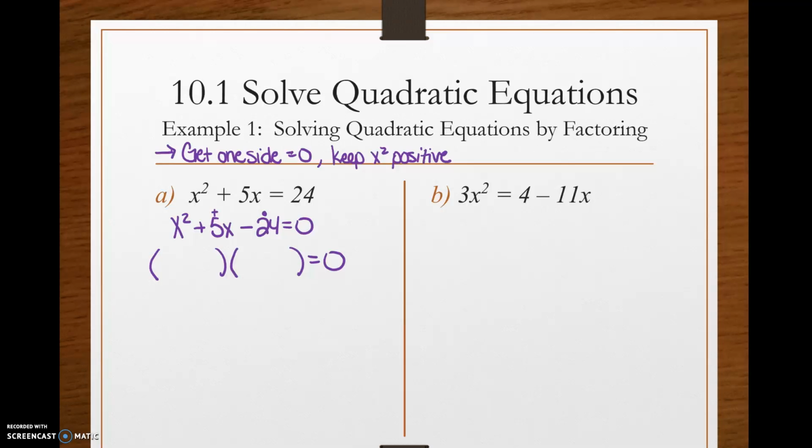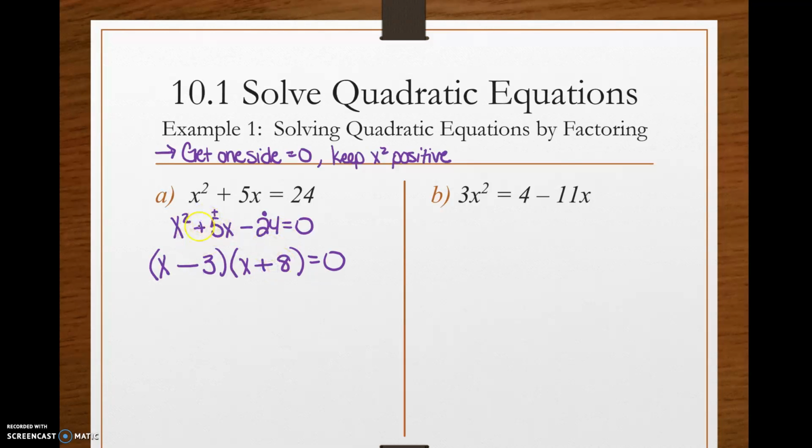So think about ways to multiply to get 24. 1 times 24, 2 times 12, 3 times 8. Would 3 and 8 give us 5? Yeah. So I put x, 3, x, 8, and then I think about the signs. You want the 3 to be negative and the 8 to be positive.